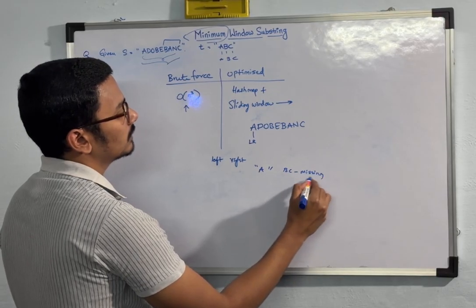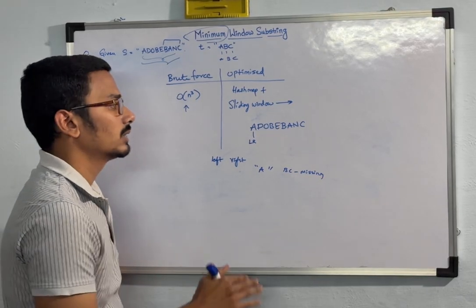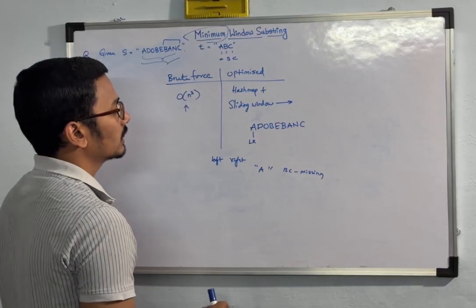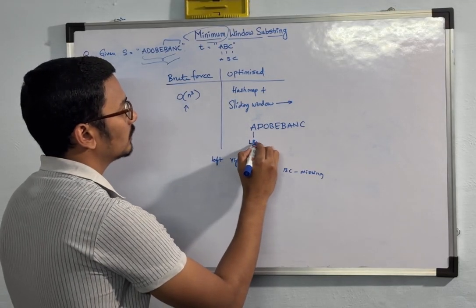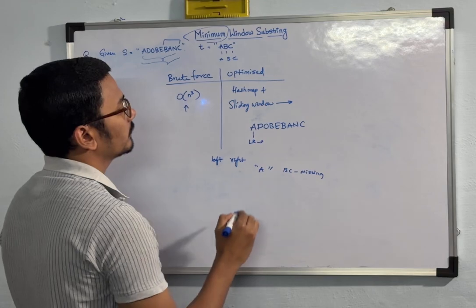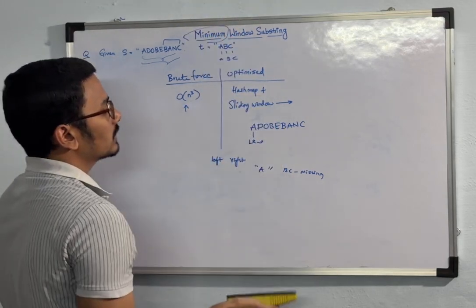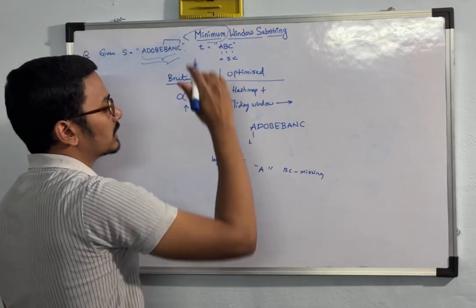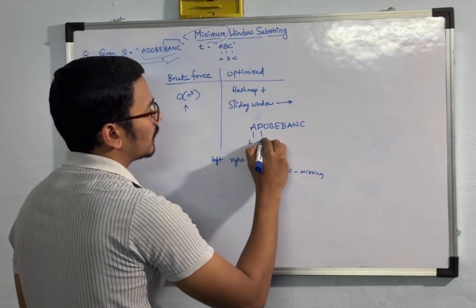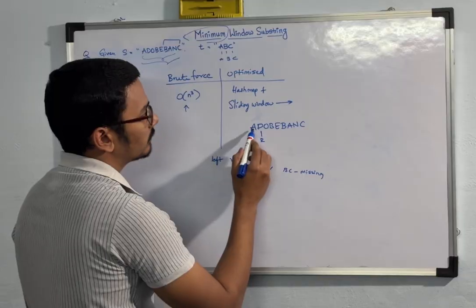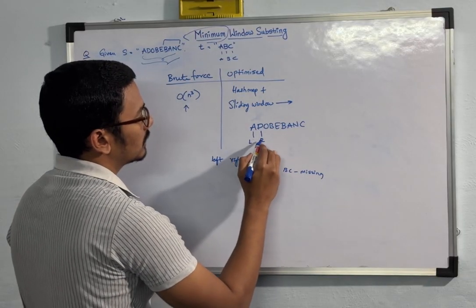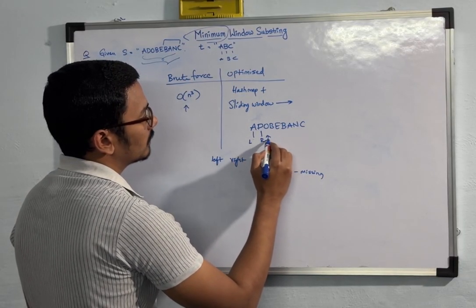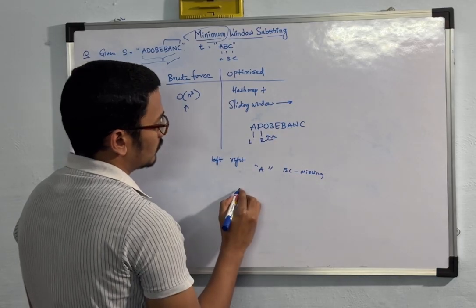So what will we do? The next option is to increase the range. To increase the range, I'll move right one step to the right. We keep on incrementing right. We didn't find all these characters, so once again I'll move it here, and once again here.